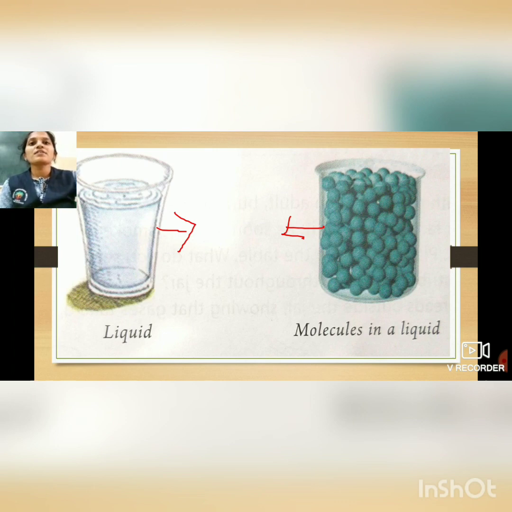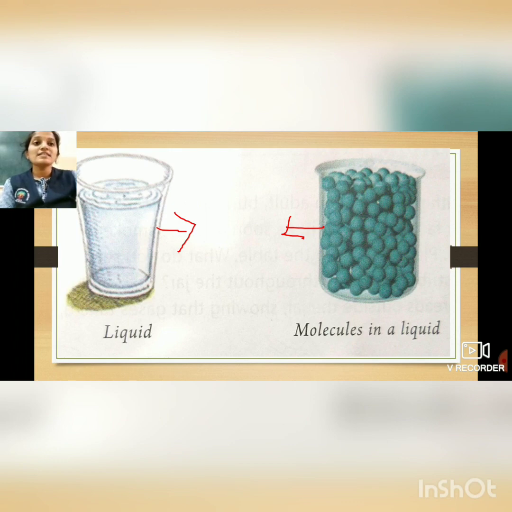If we pour the water in a vessel, the water takes the shape of the vessel. And the molecules in a liquid, which we all can see on the screen, are in this place. That means the place of molecules in a liquid is like this.